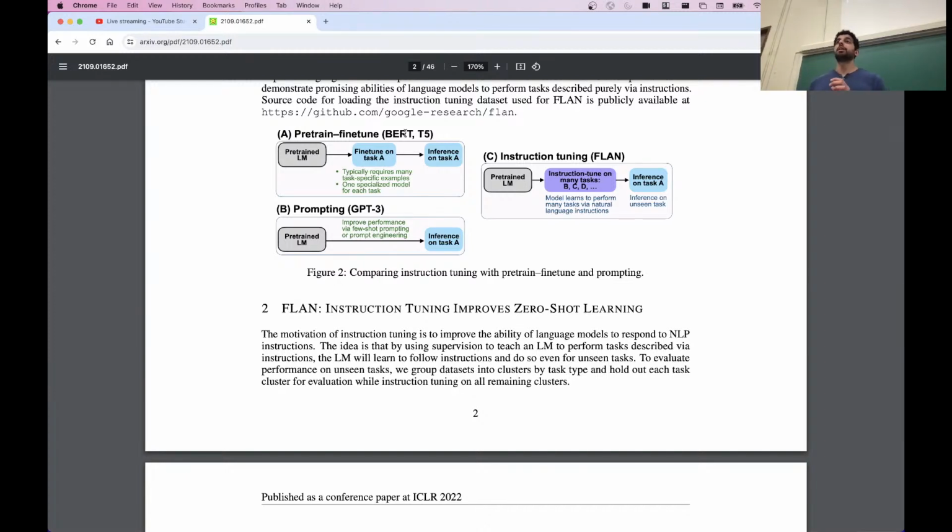Prompting basically refers to modifying the input sequence to my language model, but I'm not updating the model in any way. Instruction tuning is just an application of fine-tuning. We are computing a gradient and updating the model's parameters to lower the loss on whatever our objective is. So the two are completely different methods.